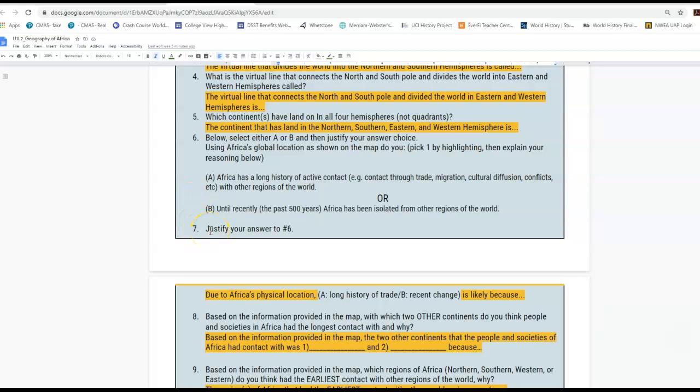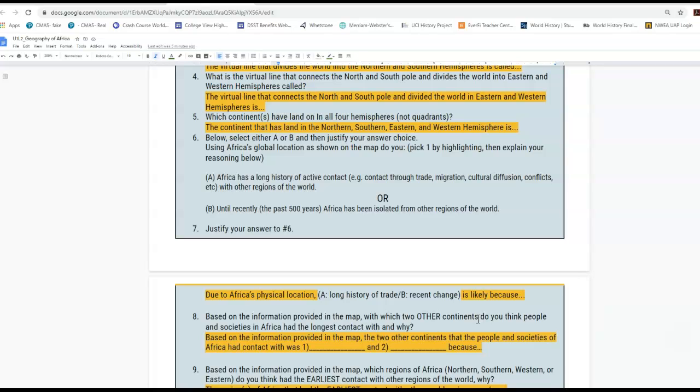So due to Africa's physical location, a long history of trade is likely because, or due to Africa's physical location, a recent change is likely because, and you're going to justify your answer, being as specific as you can.